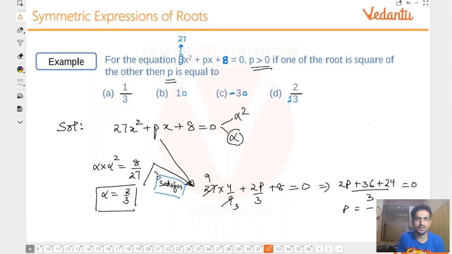This step is very important. Alpha is 2 by 3 is a root and we know a root will satisfy the equation. So we just substituted alpha equal to 2 by 3 in the equation. So 27 into (2 by 3) whole square plus p into 2 by 3 plus 8 should be 0. From here we got p equal to minus 30. Anybody having doubt in any step, just ask me.